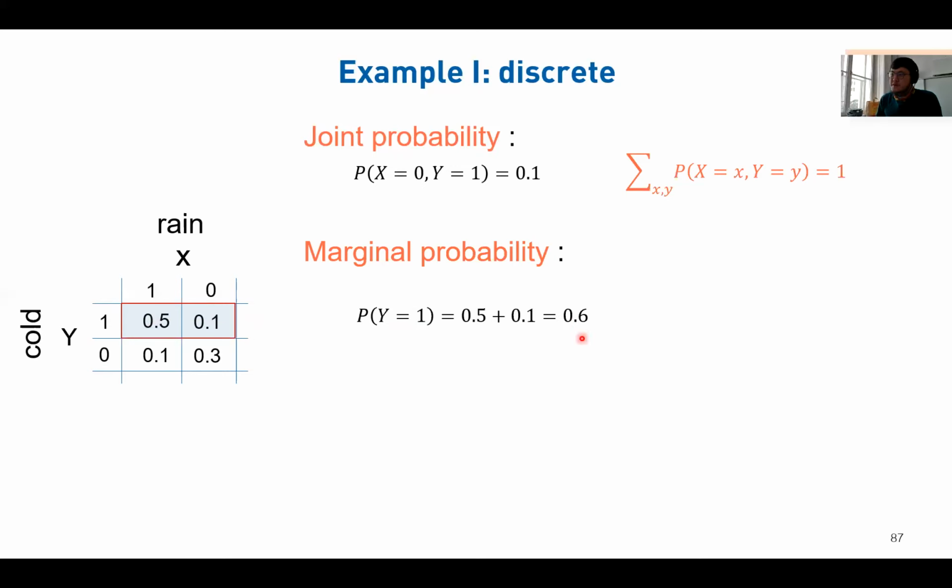So imagine you could write down the 0.6 here, right? You could also write down here 0.4. You could also write down here 0.6. You could also write down here 0.4. So what you get is some distribution, some probabilities, and these 4 numbers appear at the margin of a table.